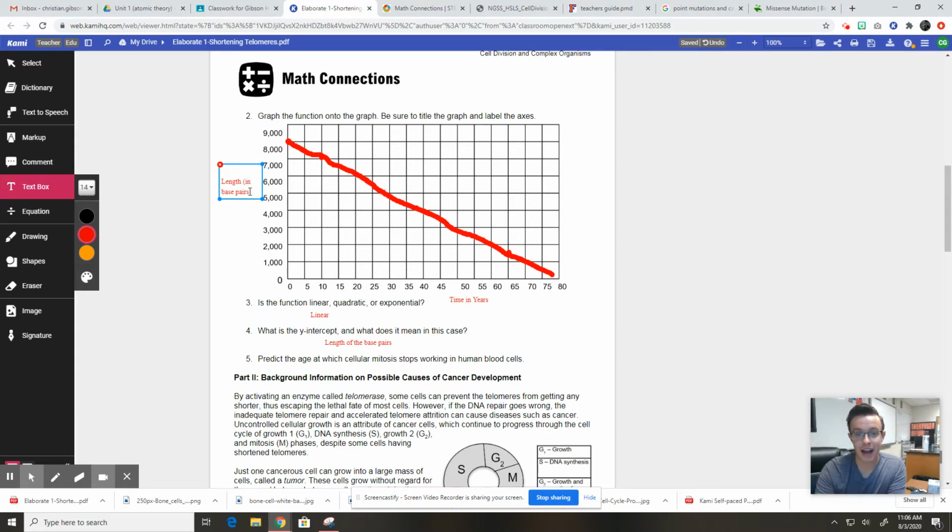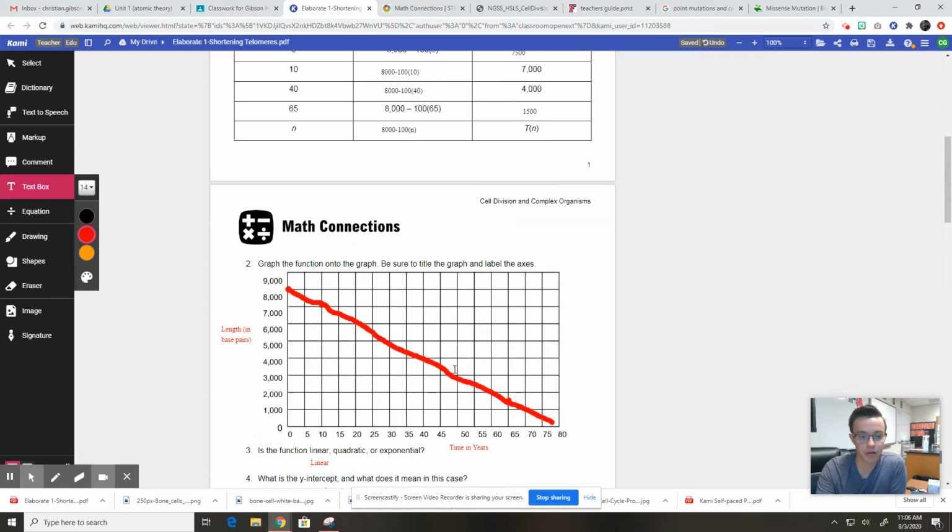So about where did that happen? Well, if you look here, it happened at about 70 years of age. Based on our graph, and that's a little bit of a rough drawing because I'm not super great at getting straight lines, but we're going to go with it. Approximately 70 years old is when cellular mitosis stops working in human blood cells.